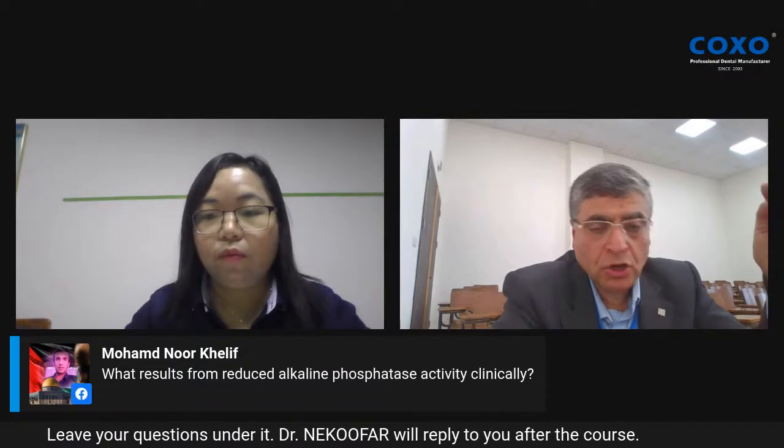If the movement of the tooth reduces this alkaline phosphatase activity, then we may end up with progressive resorption. So by controlling the amount of force, we need to control the activity of alkaline phosphatase, the activity of resorption and apposition of the tooth structure, periodontal repair, and also repair of the surface resorption.